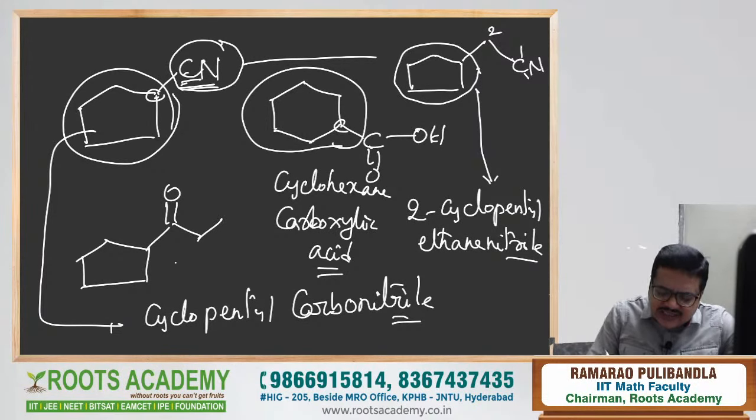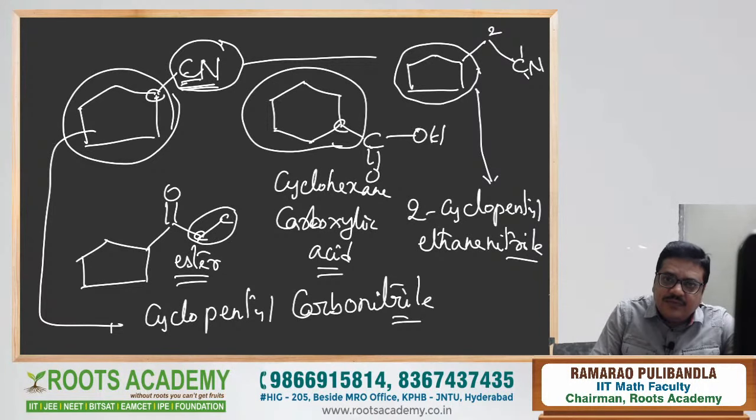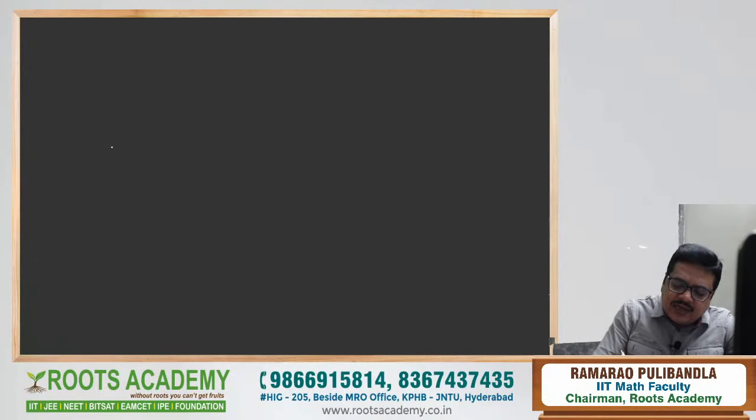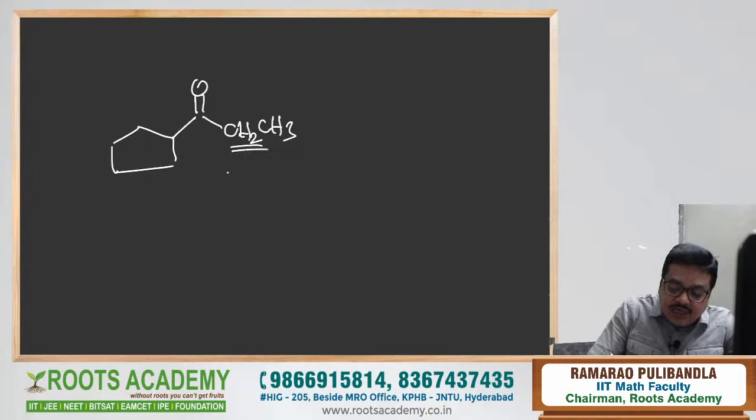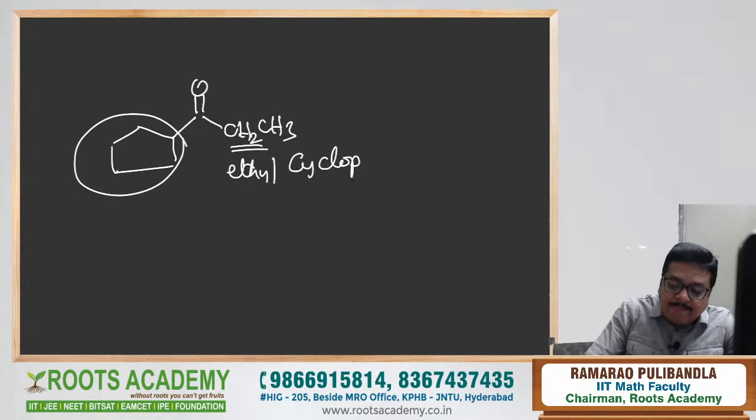Now this is an ester. There are two carbons, ethyl. Now I am writing its name separately. Look here. CH2, CH3, this is called ethyl. This is cyclopentyl carboxylate.